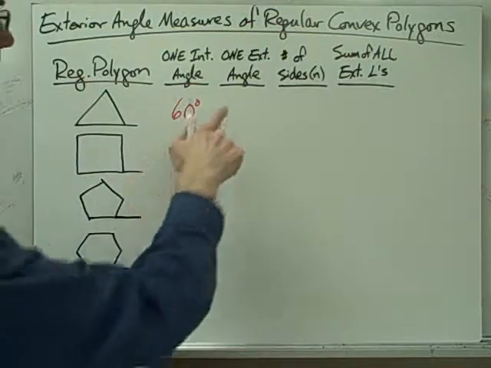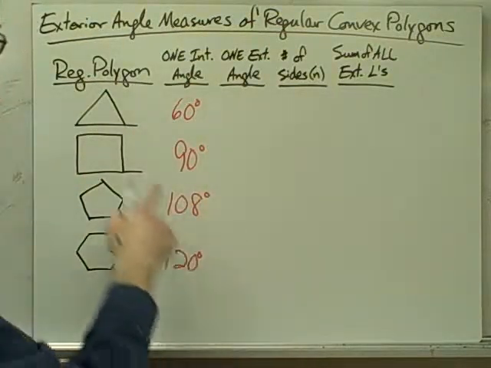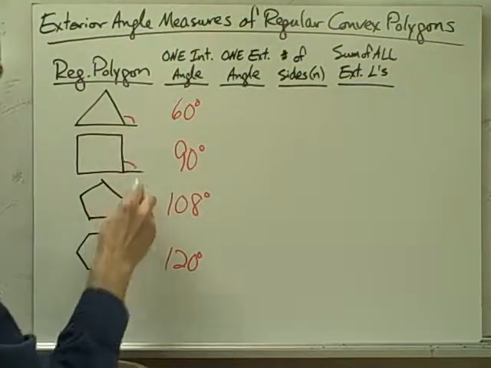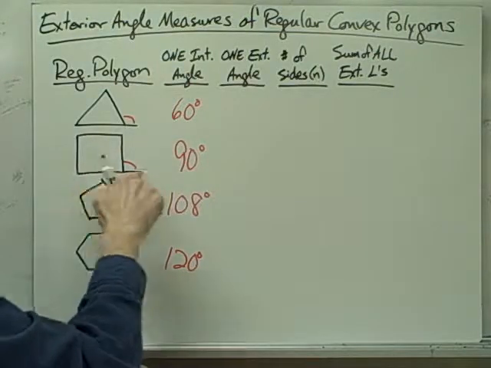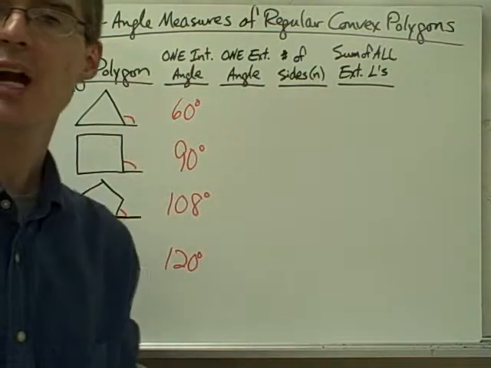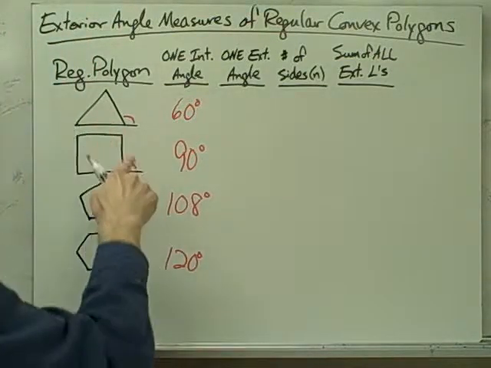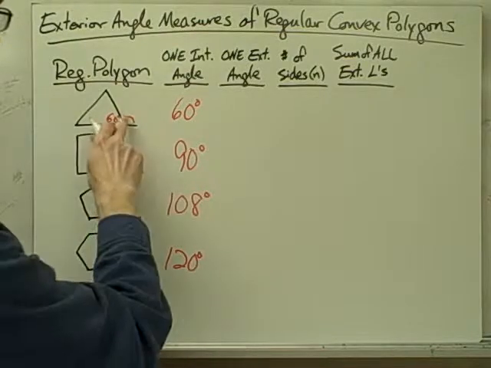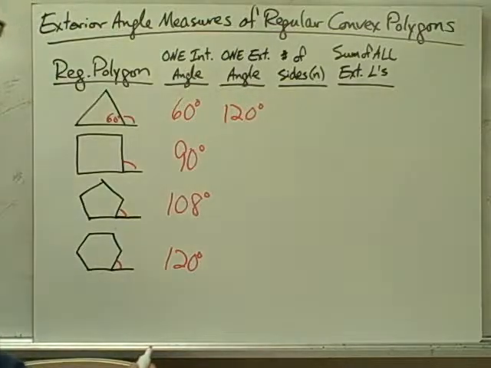Now, if I want to calculate the measure of one of the exterior angles, remember an exterior angle, if I draw that in my picture here, an exterior angle is an angle that forms a linear pair with one of the interior angles of my figure. So if my interior angle here is 60 degrees, well, this exterior angle must be 120 degrees.